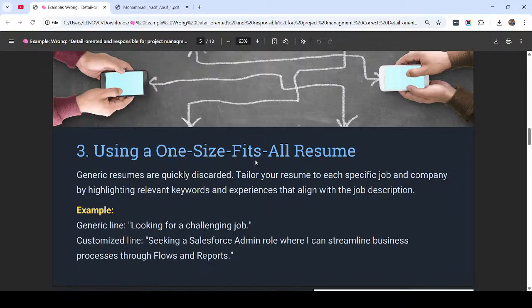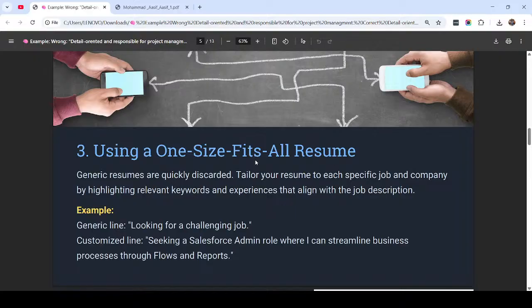They never check one resume at a time. They simply use an ATS tool. They upload the resume in an ATS and check. The HR or management team already enters certain words in the ATS. If the requirement is for Salesforce admin and developer, they will enter words like Salesforce admin and developer.